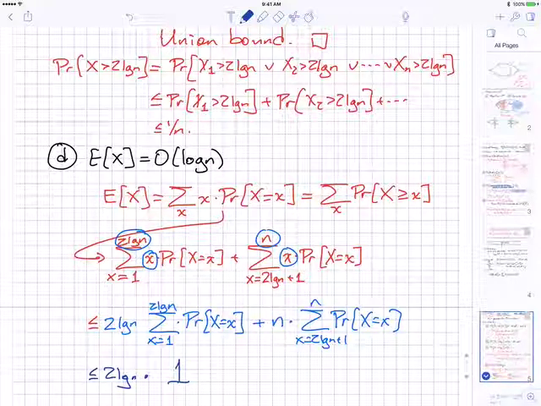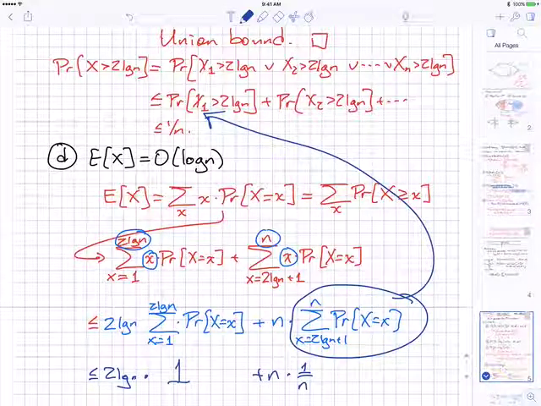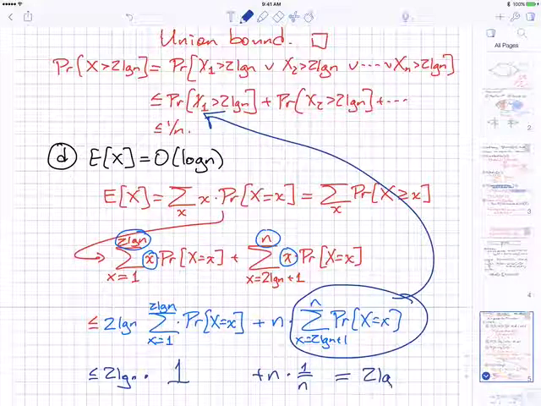It's a probability. Therefore, it's at most 1. Plus n times, well, I actually know something about this probability over here. It's at most 1 over n by part C. This is 2 log n plus 1, which is big O of log n.